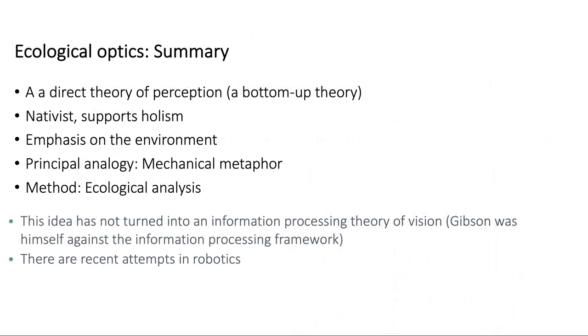To sum up, its focus was the environment, and it did not have many followers, but other ideas from Gibson, like the theory of affordances, have been used in other domains like robotics. But there is some truth in that. For instance, this tuning idea works very well in other more recent theories of visual cognition.